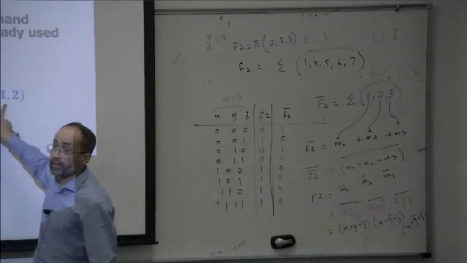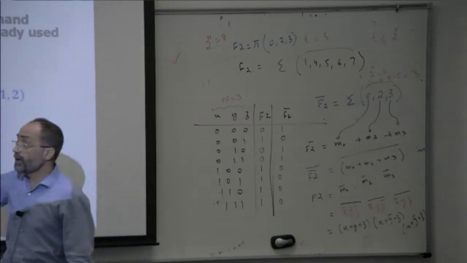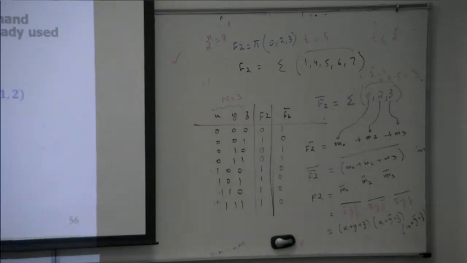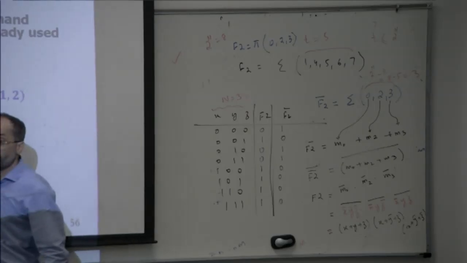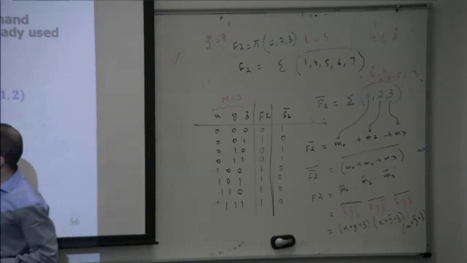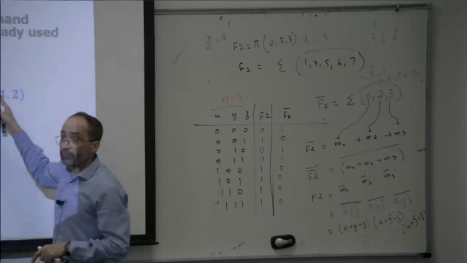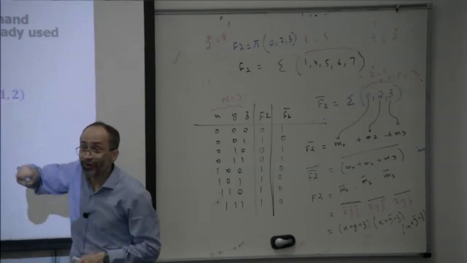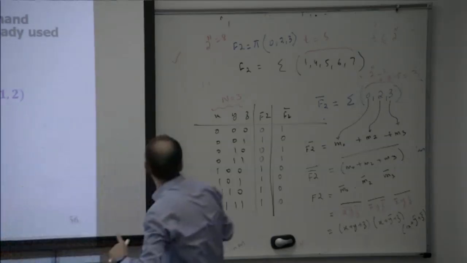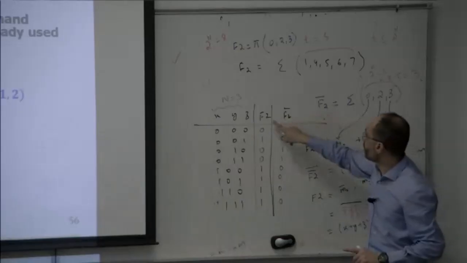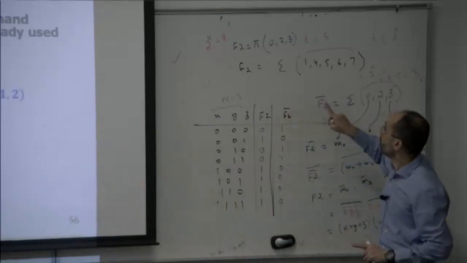So f bar will cover the remaining 3 combinations. If we have a function f in sigma, the sum of product, then we have f bar, the complement function. For f, m3, m4, m5, m6 and m7 will be 1, but m0, m1 and m2 will be 0, because now we are complementing the function. And this is the example: we have f2 and then we have f2 bar. Got it?